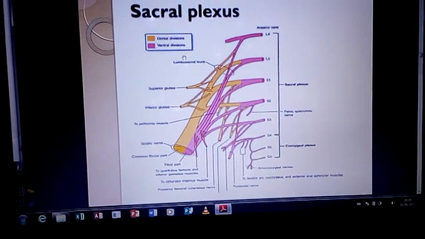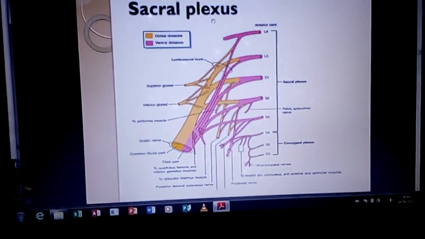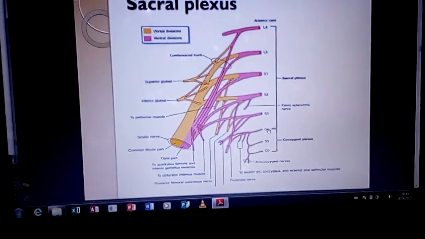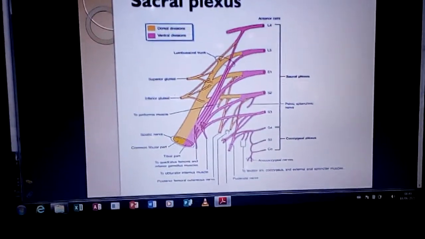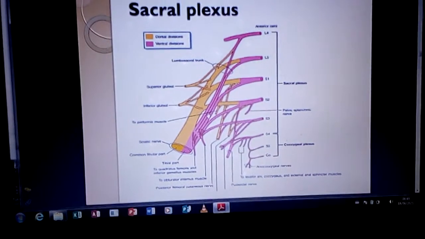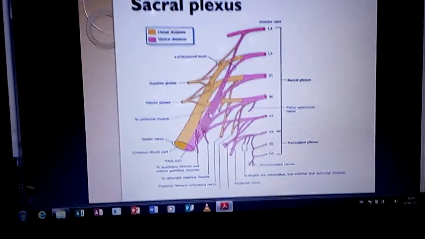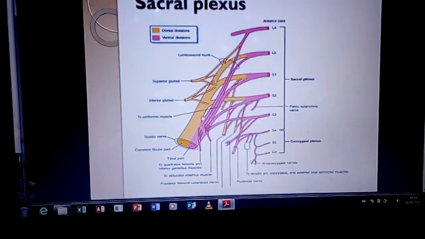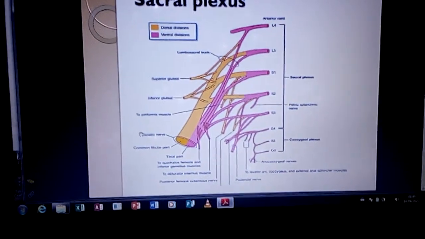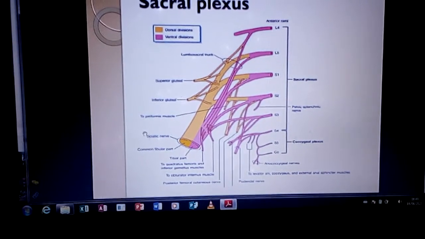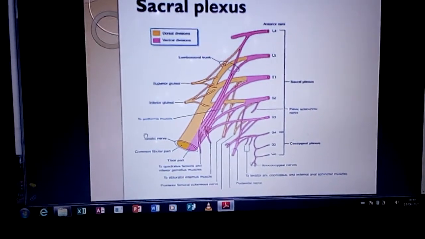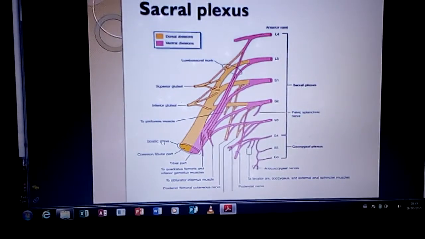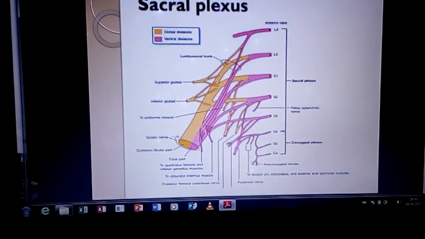Then we've got the sacral plexus. The sacral plexus runs from L4 to S4. One of the important nerves which branches from the sacral plexus is the sciatic nerve, which innervates the muscles of the posterior aspect of the thigh.